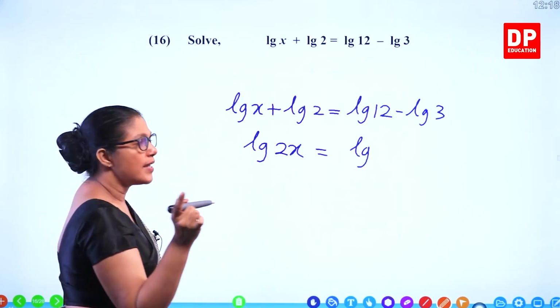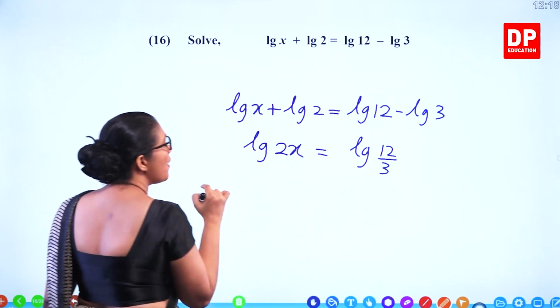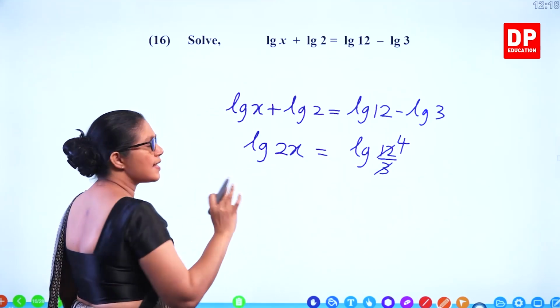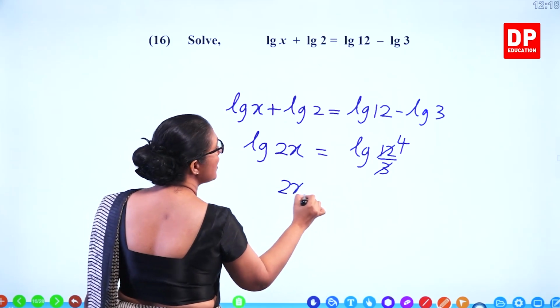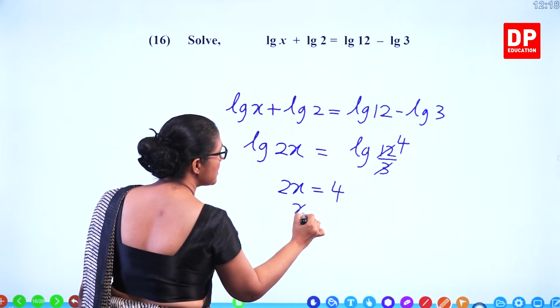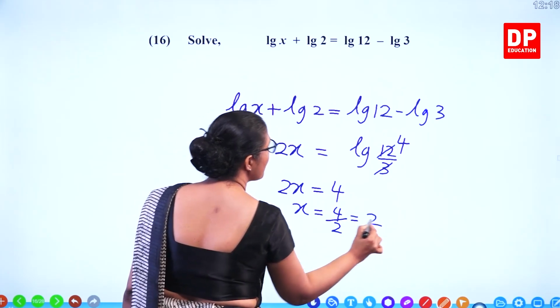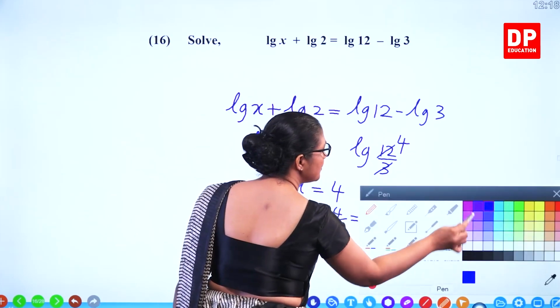You can divide. Divide this by this. 12 divided by 3. You get 4. Both sides logarithms, you can equate the inside value. 2x is equal to 4. So what's the x value? 4 divided by 2. You get 2. So x is 2. So 2 marks for that.